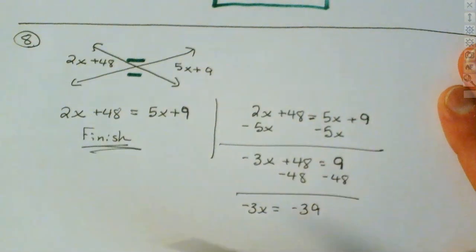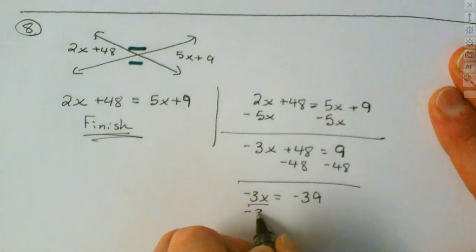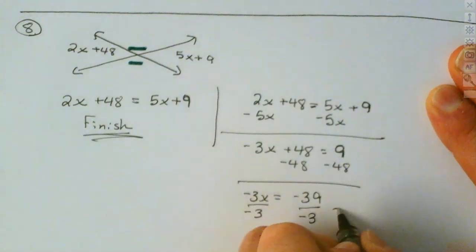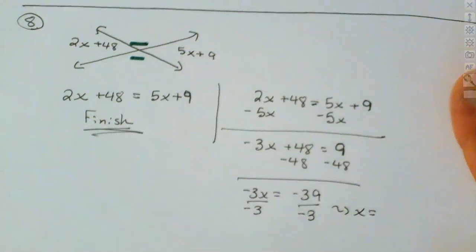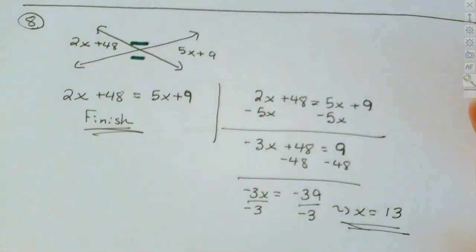Right, because this one's negative. How do I finish it? Divide by your negative 3, and then what happens with a negative divided by a negative? Positive, and 39 divided by 3 is a what? Positive 13, isn't it?